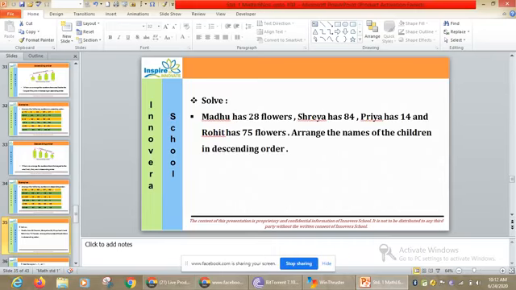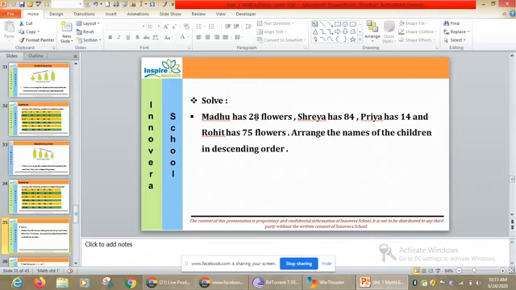Madhu has 28 flowers. Shreya has 84. Priya has 14 and Rohit has 75 flowers.